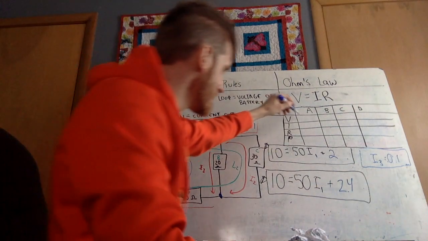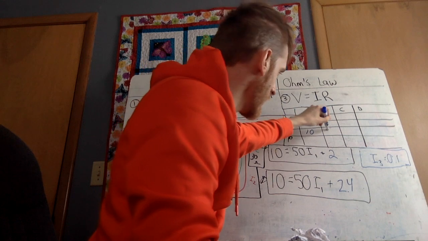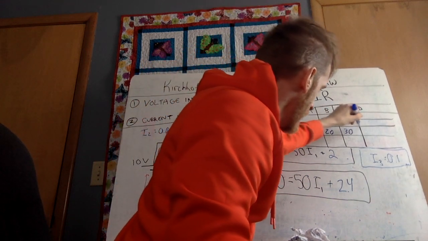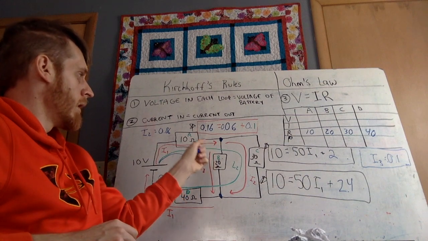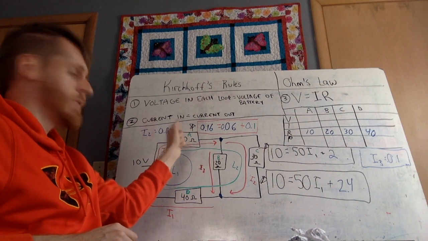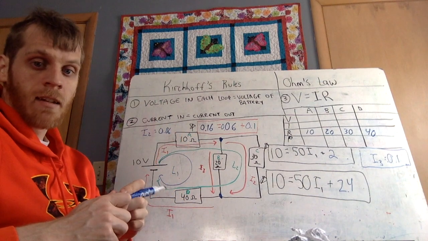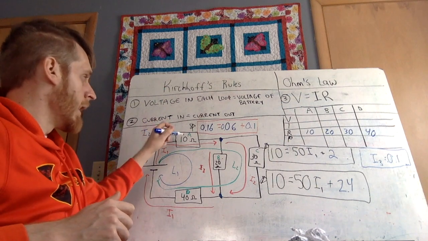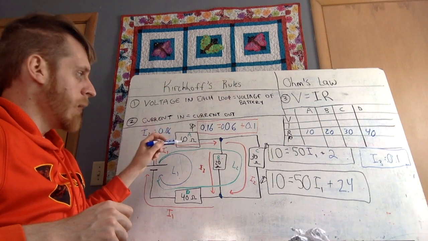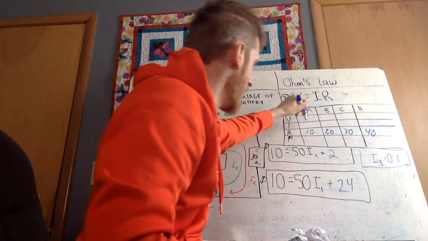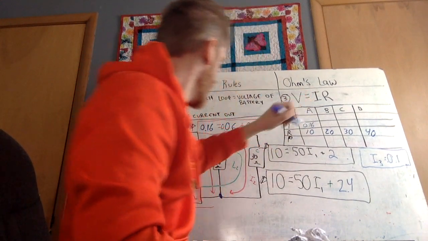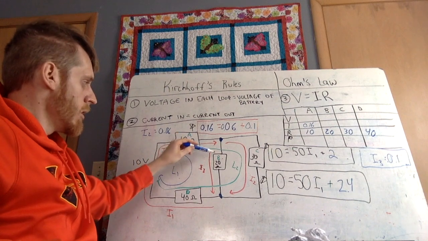So now, with this, I can just replace all of my resistances. I know my resistances: A is 10, B is 20, C is 30, D is 40. Okay. Then for this path right here, 10, what is it? It's I1. I just have to write down what I1 was. I1 was 0.16. Yep. So this is 0.16. For the 20 ohm, it's I3.